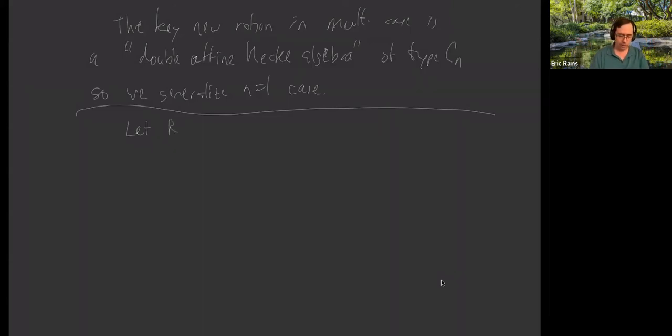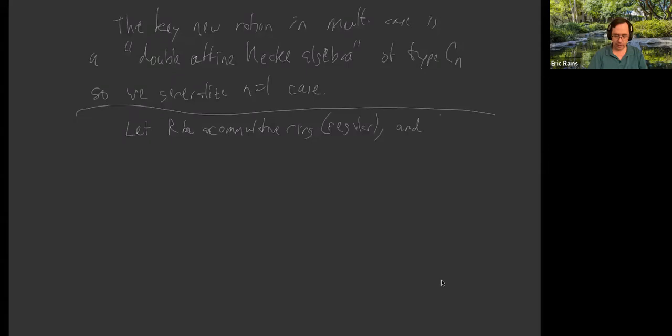So let R be a commutative ring. And in fact, I'm going to assume that it's regular just to make life easier. So basically, R, if you like, is the ring of functions on some open subset of a smooth projective curve.